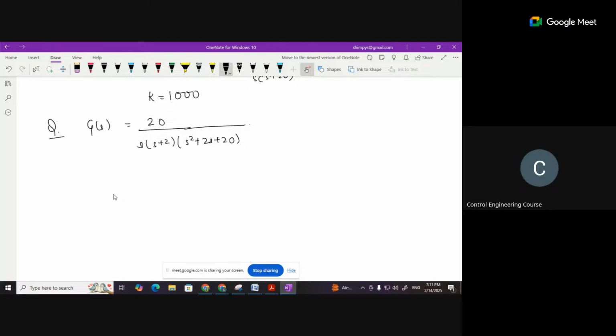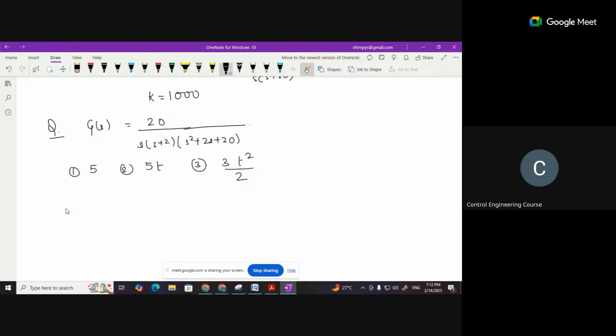You have to find out the steady state error of the system when the inputs are, first, for the first case, let it be 5. Then the second case, you have the input as 5t. Then third, you have input as 3t square by 2. So you have to calculate the steady state error for these inputs.